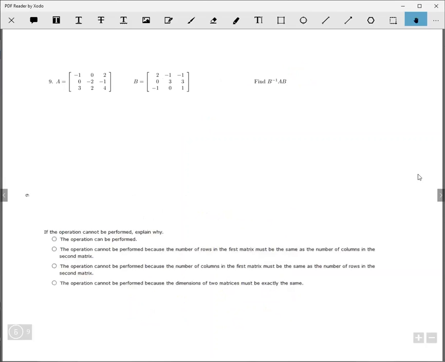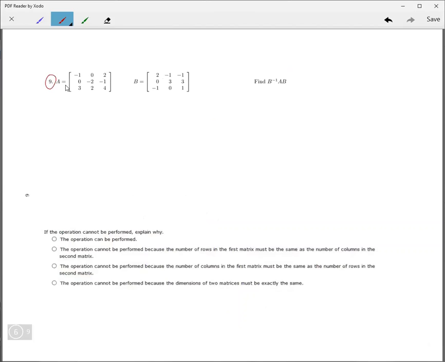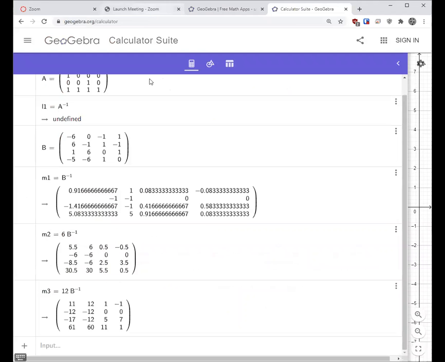Okay. So here, number 9, we have A is this matrix, B is that matrix. You're supposed to find B inverse AB. So again, we can just use Geogebra to do that.